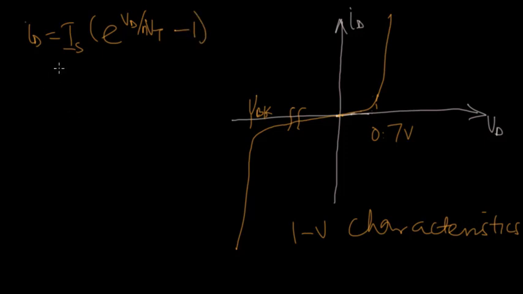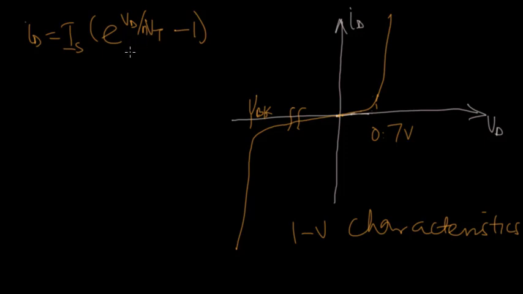This equation is also referred to as the Shockley equation or diode equation, where IS is the reverse saturation current and VD is the forward bias voltage, VT is the thermal voltage, and eta is the ideality factor.